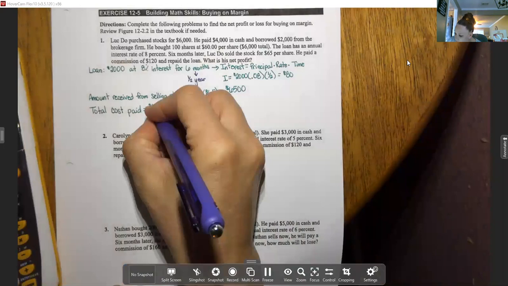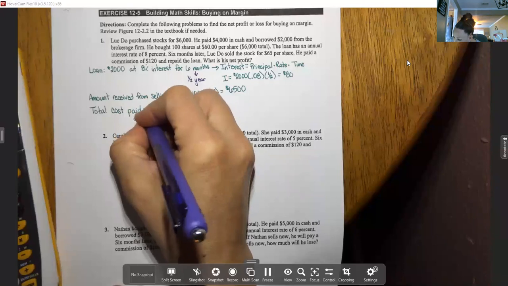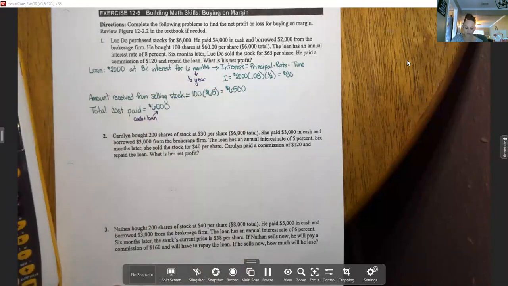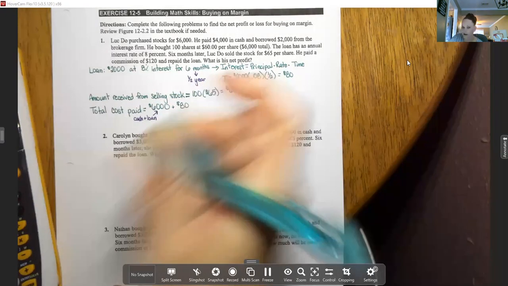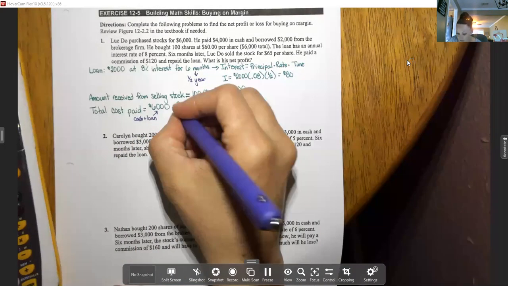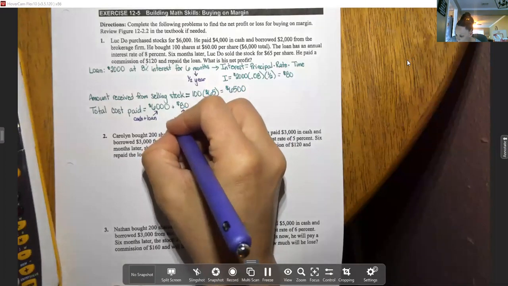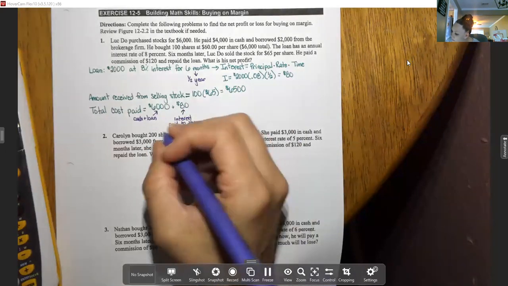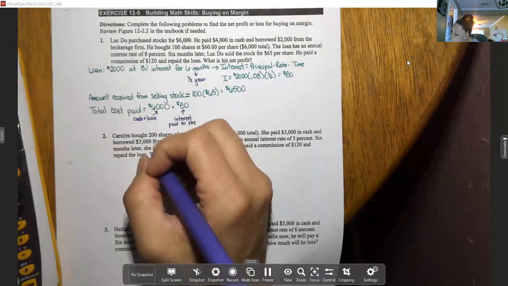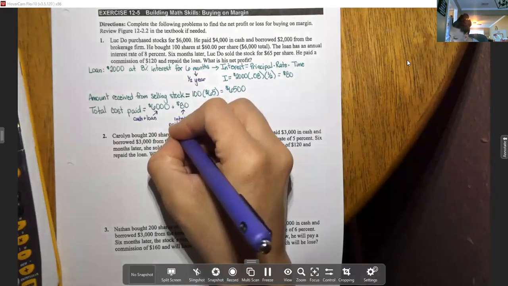So that $6,000 was the cash and the loan, plus that $80 that we already calculated was the interest paid to the firm.